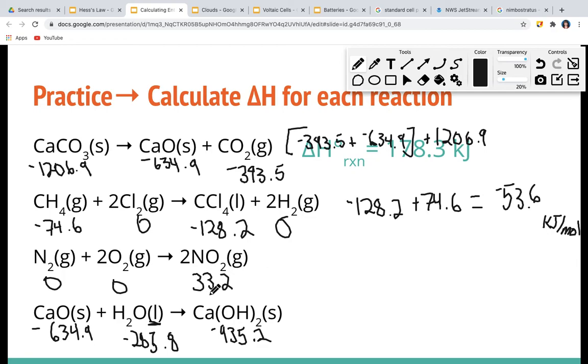This one is pretty easy because we have our products, our reactants are 0, so our delta H reaction should be equal to 33.2 kilojoules per mole. Actually, no, it should be twice that because we're making 2 of them.